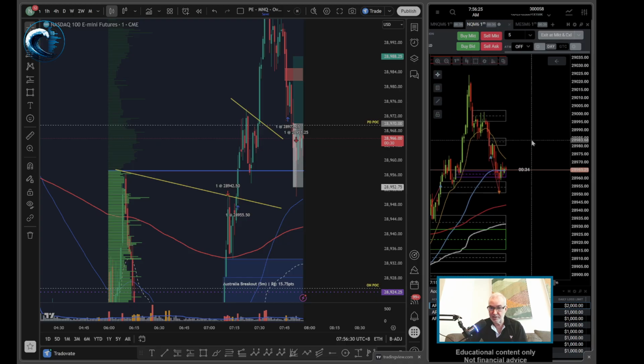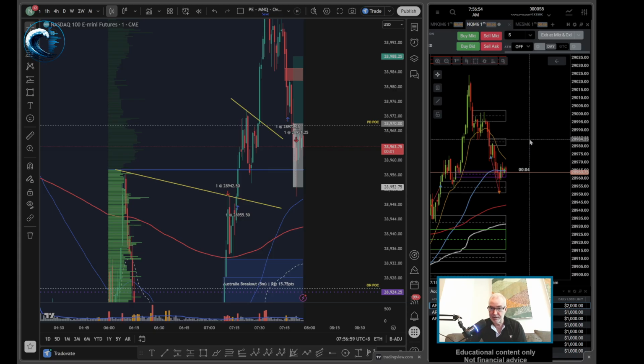And the only thing I don't like, I don't know if anyone's traded Quantower. I like Quantower as a platform better in a lot of ways. But I just find there's a bit of latency issues. I've got pretty good internet here, but I had some problems, mainly over the New York session where it was struggling every now and then.